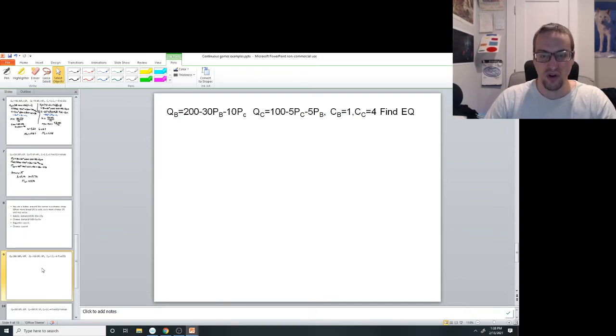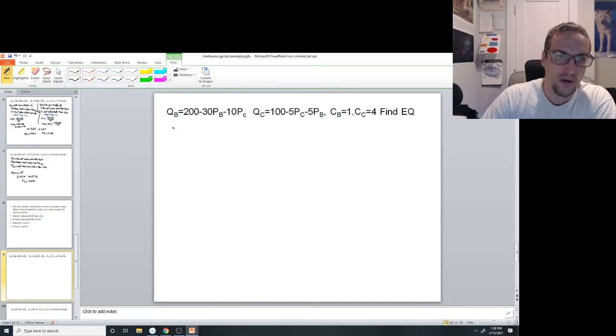So work through it again. Profit B, right, is going to be QB times the price minus the cost, right? This is QB times price of B minus cost of B, right?